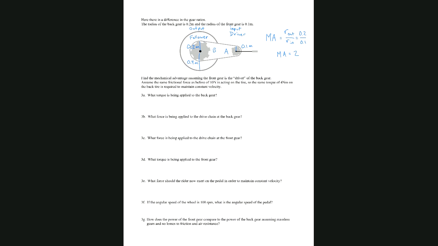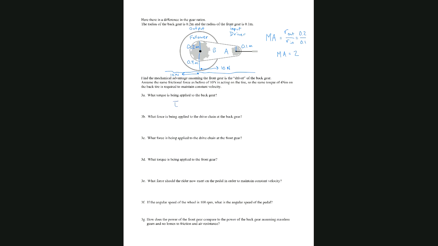And let's figure out what torque is being applied to the back gear from the ground. It says here that when the tire pushes on the ground with 10 newtons, the ground is going to push back on the tire with 10 newtons as well. All right, now how much torque does that create?